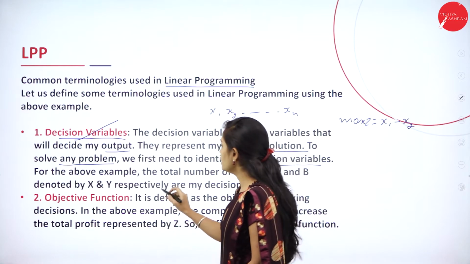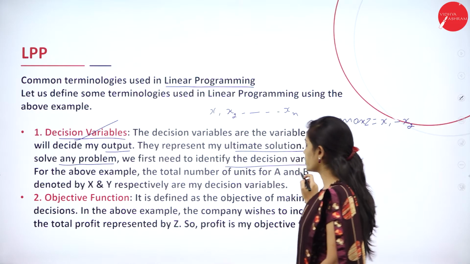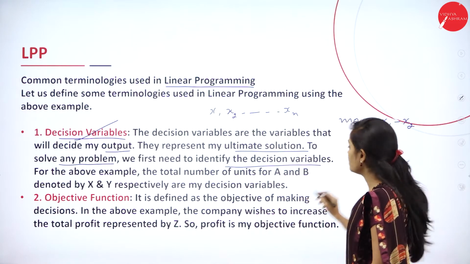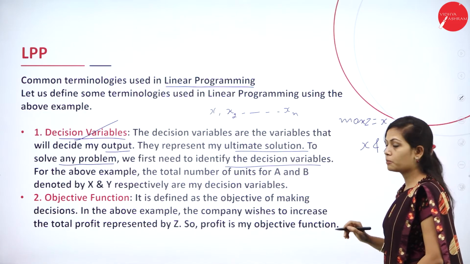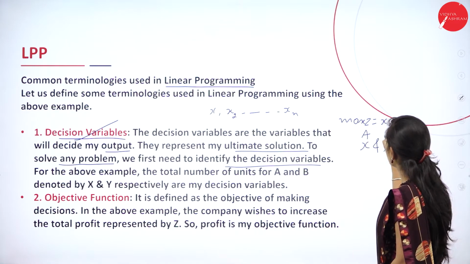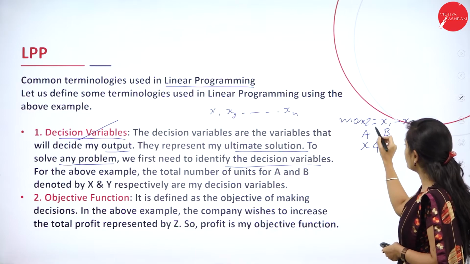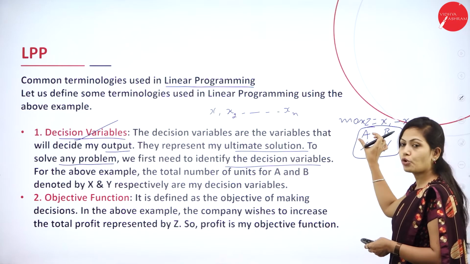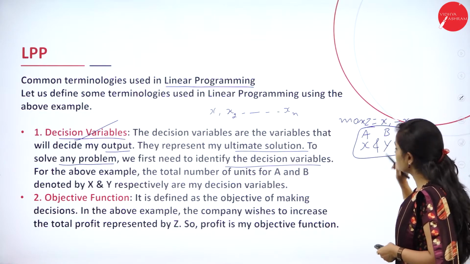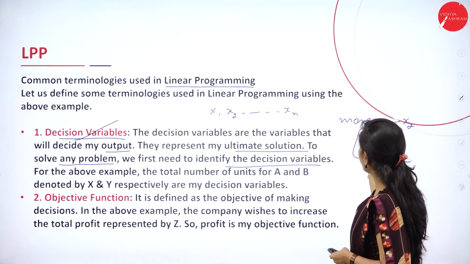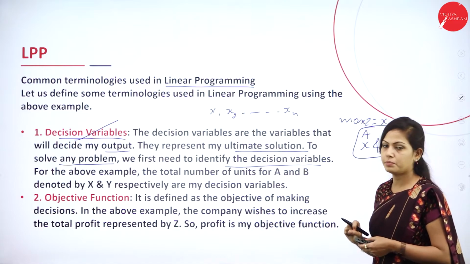For example, the total number of units for A and B are denoted by x and y. Here, for representing the total number of variables, I am using A as x and B as y. So this is called my decision variables.